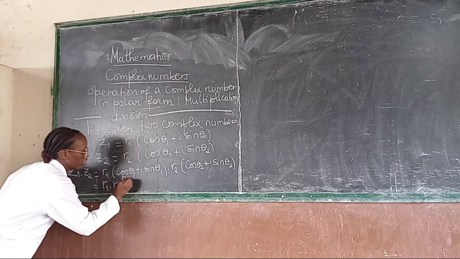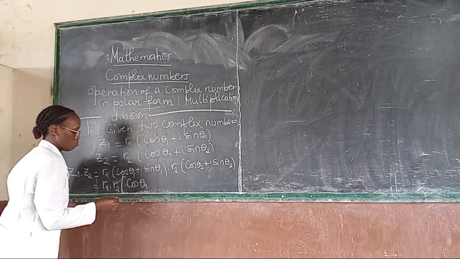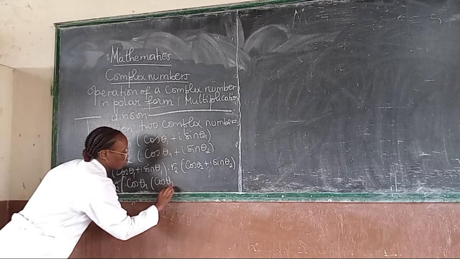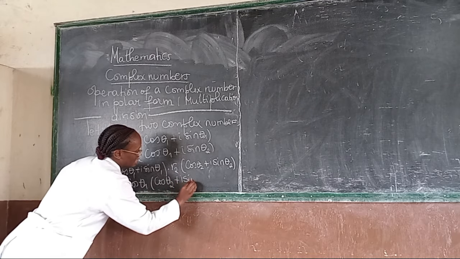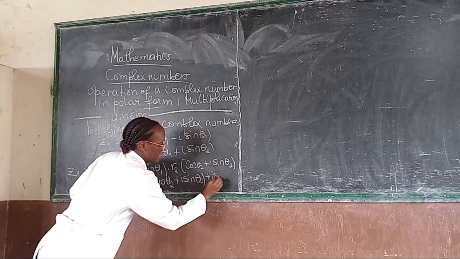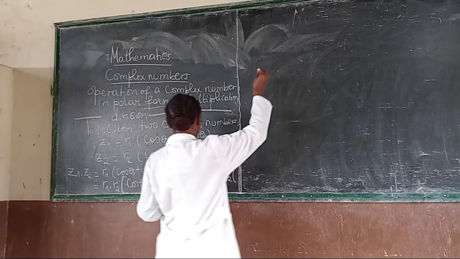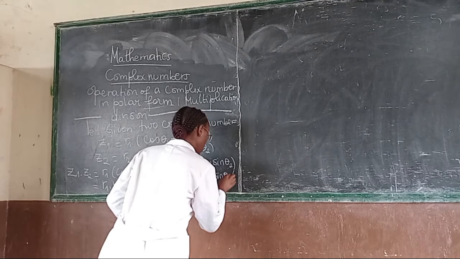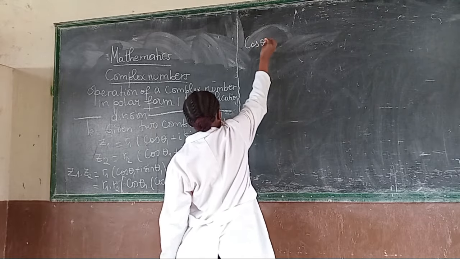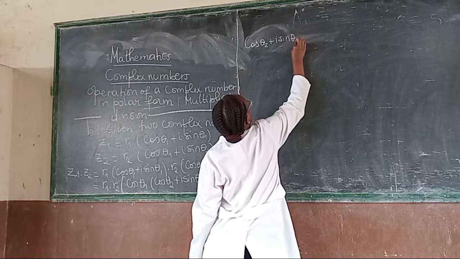Then I'm going to take cosine theta 1 and multiply through this whole side, cosine theta 1 times (cosine theta 2 plus i sine theta 2), then plus i sine theta 1 times the same.